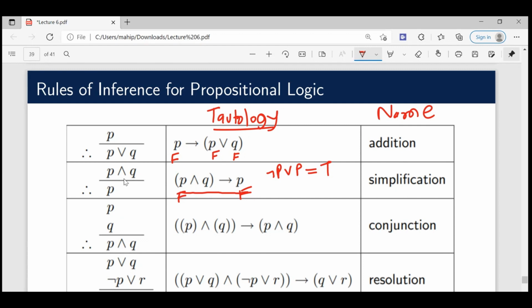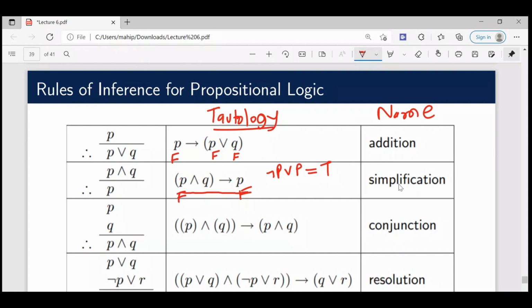Basically we are removing something. There we were adding something. Here we are simplifying. This extra condition is not useful for us now, so we kept just the condition that is needed. So the proposition which is required, that propositional variable, is only considered in this particular case. Therefore, it's called simplification.